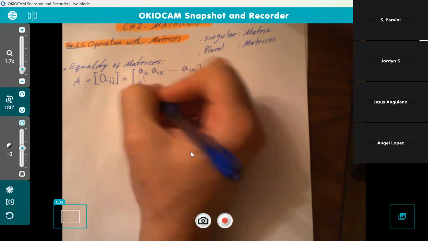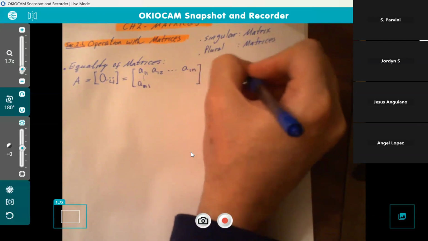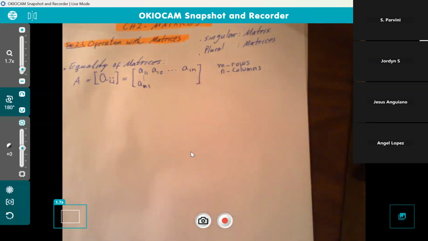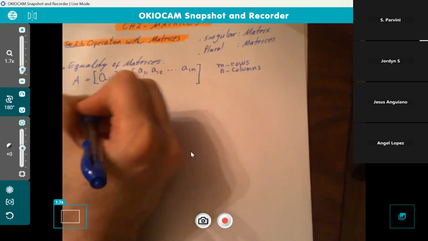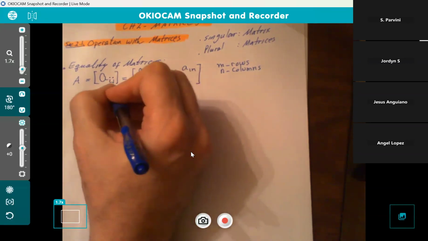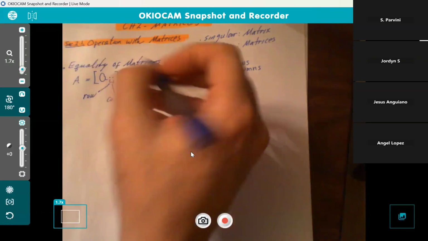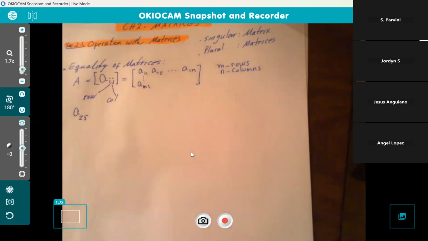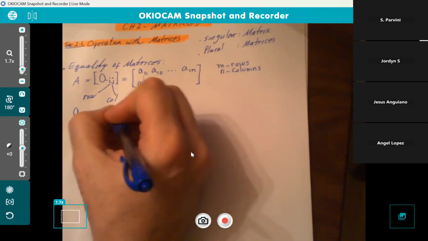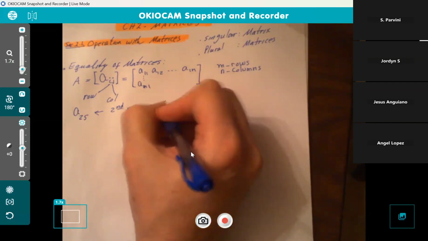Let's say we have M rows. So this matrix has M rows, N columns.